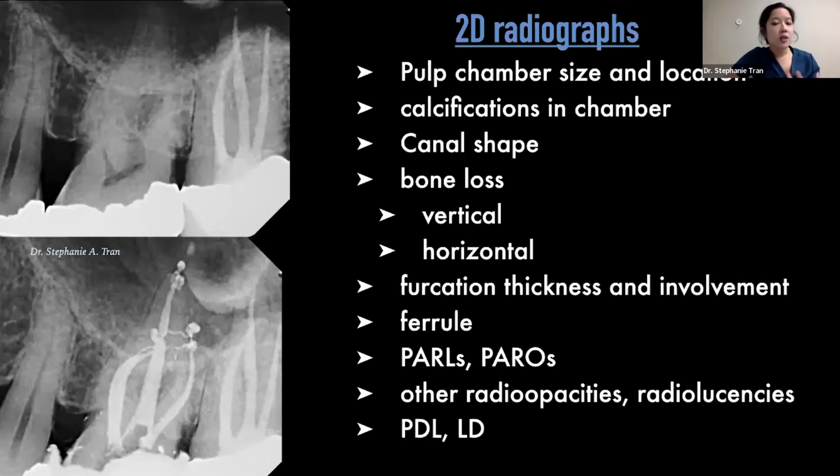On the endodontic end, we do pay very, very close attention to the canals and the pulp and everything surrounding them. So, for example, we'll be looking at the pulp chamber, anything within the chamber, how close the restorations are to the pulp, how big the pulp horns are, if there's any kind of recessions in the pulp itself, as well as the shape of the canals, the quality, what are some of the differences in the radiopacities and radiolucencies within the canal, because that will tell us different clues for the anatomy itself, which I'll get to shortly.